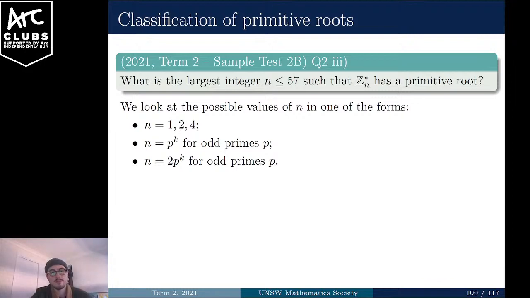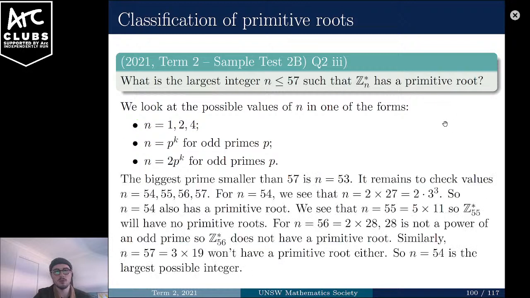We can't guarantee it at this point, but looking at 57 and how far away it is from 1, 2, or 4, I'm assuming we can find one between 4 and 57. So let's just say tentatively it's not in that group. Then we can start to look at these 2 groups, and if we really don't find anything by the time we get to 4, then we can have a look at those ones. But let's get started here. So there we go.